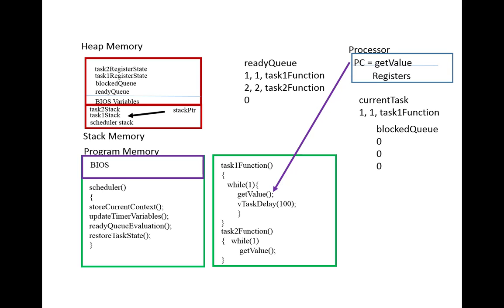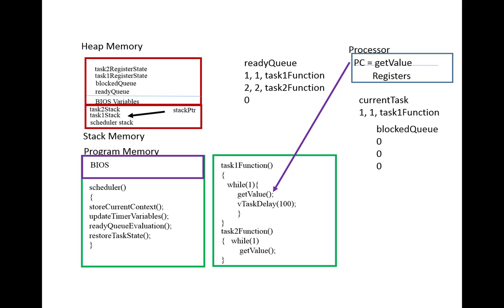The scheduler is run based on our watchdog timer interrupt. It interrupts at very specific times. Each time it interrupts us, the scheduler runs. It first stores the context, which is the register state, the stack pointer, and the program counter. It updates any timer variables.